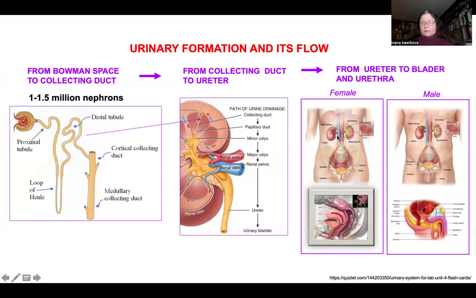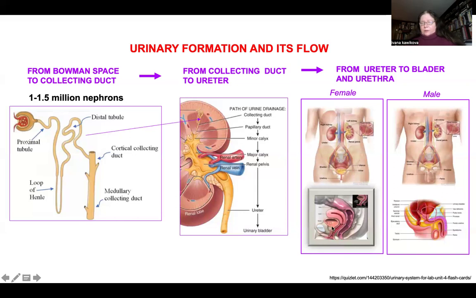which we see here. We see from the kidneys departs the ureter, arrives to the bladder, and we do have differences between female and male, not up to the bladder level, but only in the urethra.